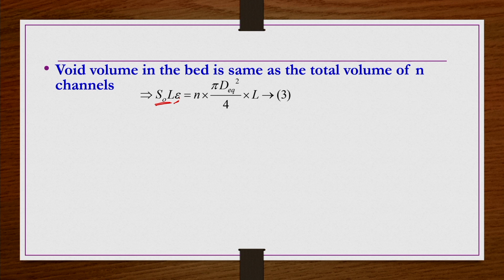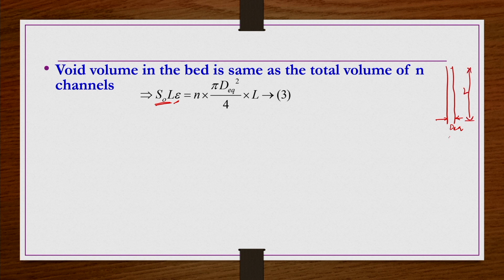That void volume should be equal to the void volume provided by a bunch of n number of capillaries or channels. Each capillary is of size d equivalent diameter, and the height is the same as the height of the bed.